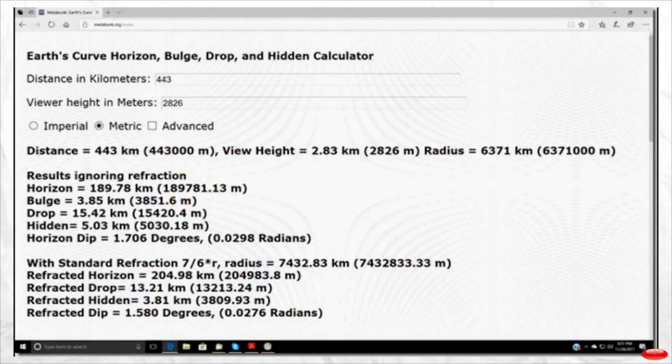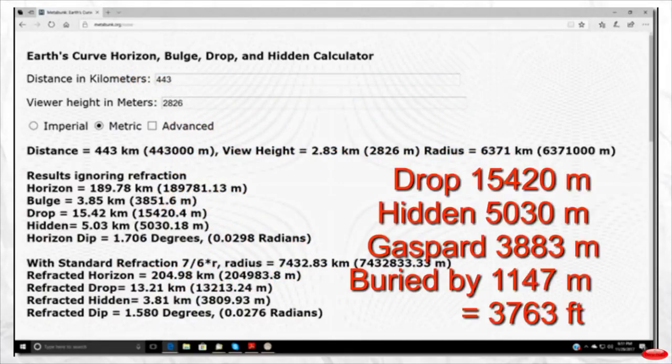Going by the globe drop calculator, the drop would be 15,420 meters. The hidden portion, which is based on the elevation of the observer, which in our case was peak Fenestrelle, should be 5,030 meters. Peak Gaspard is 3,883 meters.